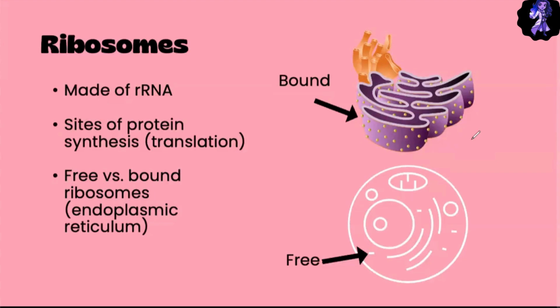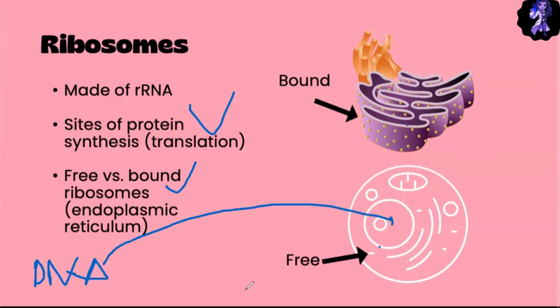We're going to cover that later on, but for now, you need to know that ribosomes can be free floating or bound. They're also the site of protein synthesis, which you might be wondering what that means. We're going to cover this later. It's called the central dogma. What happens is the DNA, which is inside the nucleus, eventually will convert to RNA. The DNA ends up becoming RNA.